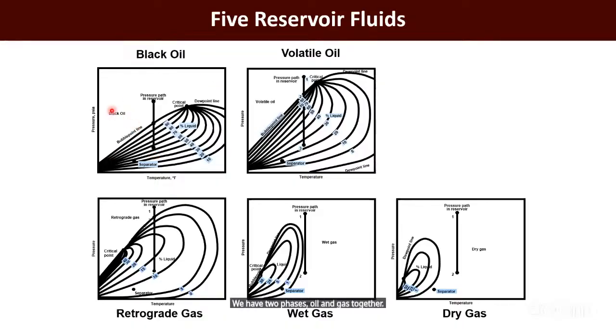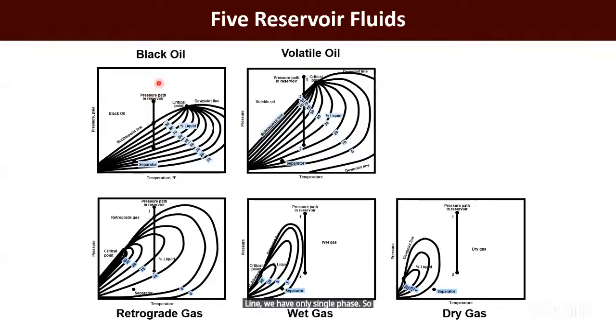Above it, we have only a single phase. We have a point that is called the critical point. This critical point represents the point above which we cannot have two phases together. Only one phase can exist. So above this line, we have only a single phase.